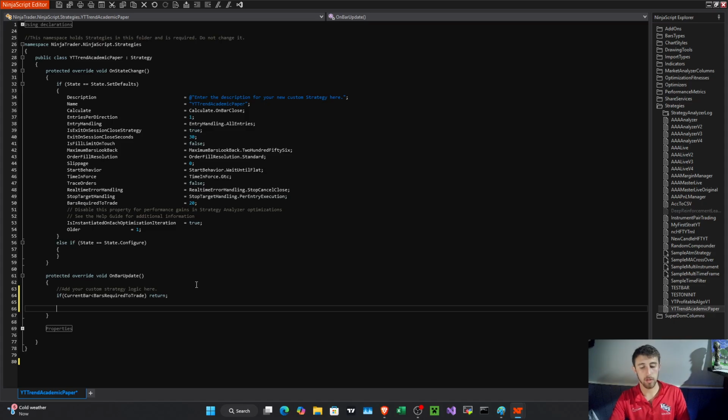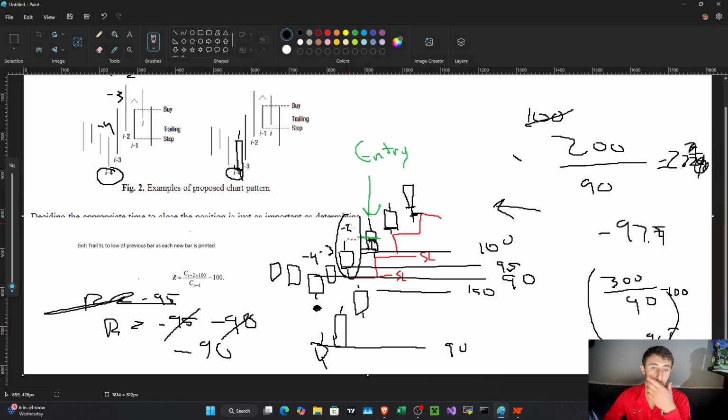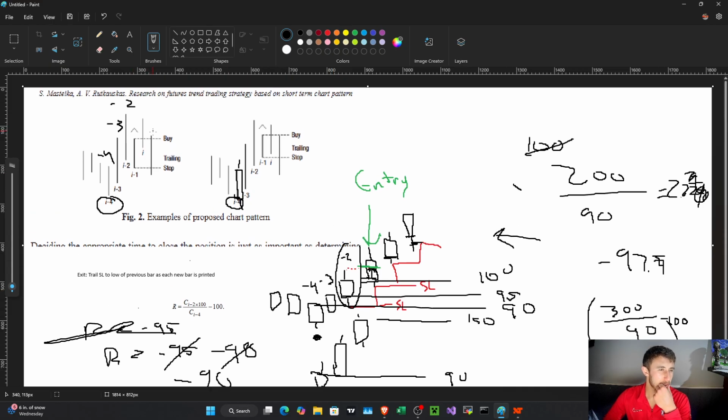So what we're going to do is, if we're entering on this bar, we're taking the low or the close of the last 1, 2, 3 bars. So in these examples, okay, so this is supposed to be a bar.